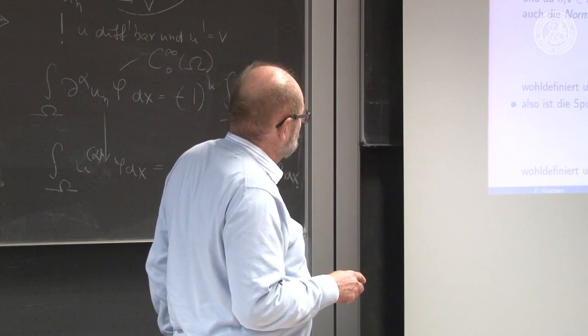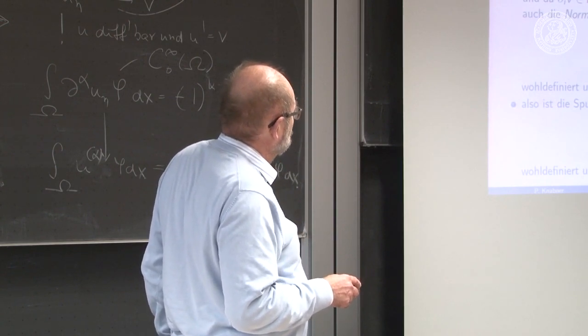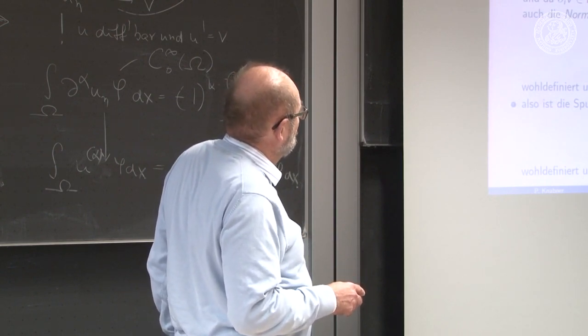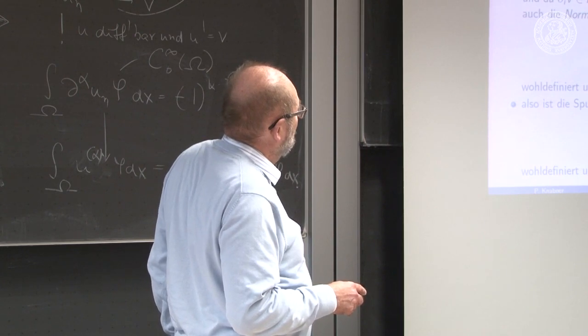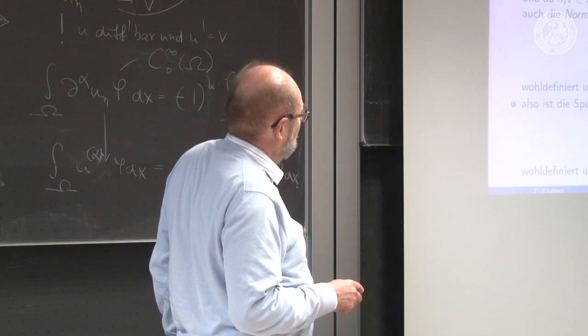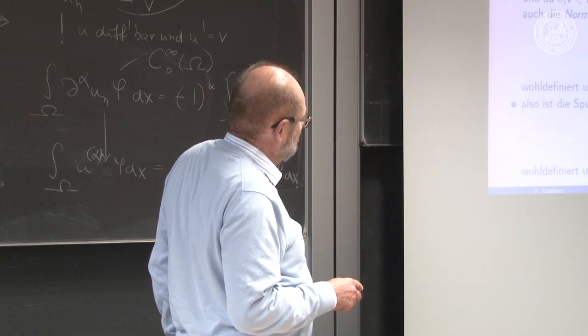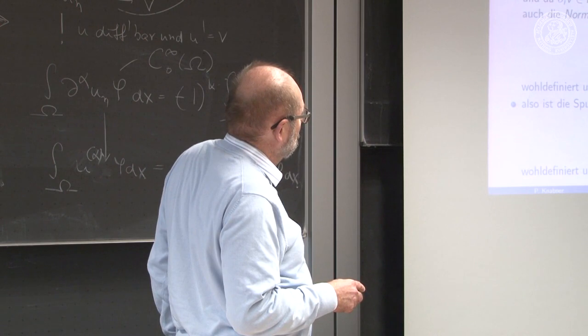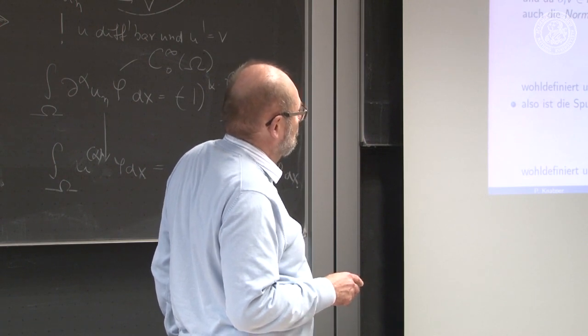Having traces of the derivatives means I can also form this linear combination with the outer unit normal here, which is then again an L2 function. So the normal derivative of the function on the boundary is well defined and is an L2 function.